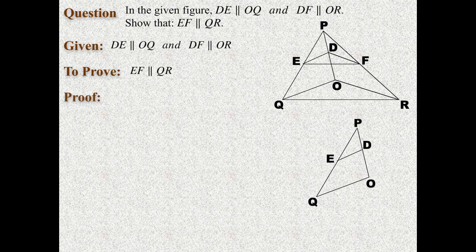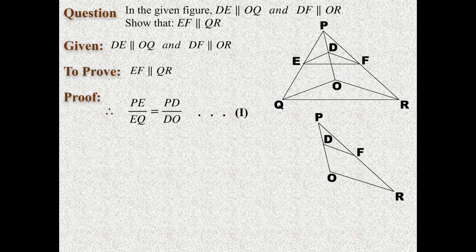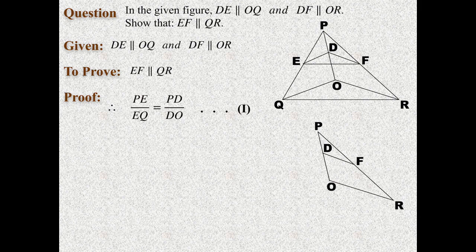Just look at triangle PQO, in which we can use one of the given details, that is DE parallel to OQ. So using the basic proportionality theorem, we can say PE upon EQ is equal to PD upon DO, and let's call this result 1. Similarly, if we see the triangle PRO, then we have DF parallel to OR as the given condition.